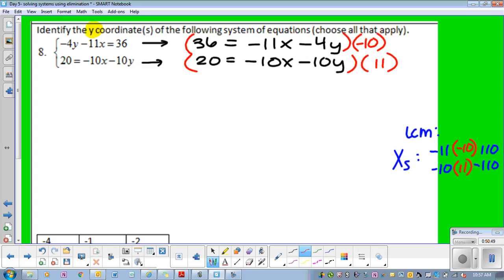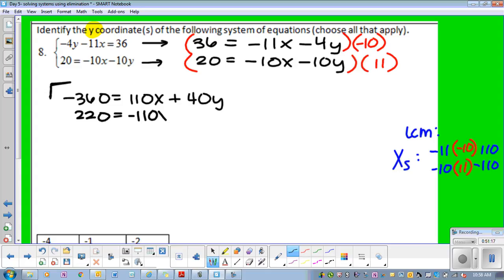Gonna be big numbers, guys, but that's okay because we have calculators. All right, so let's distribute. Make sure I do this right.